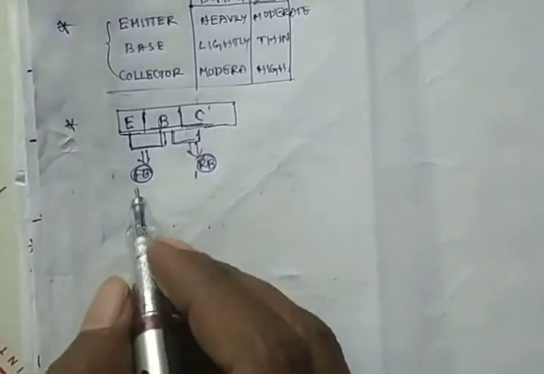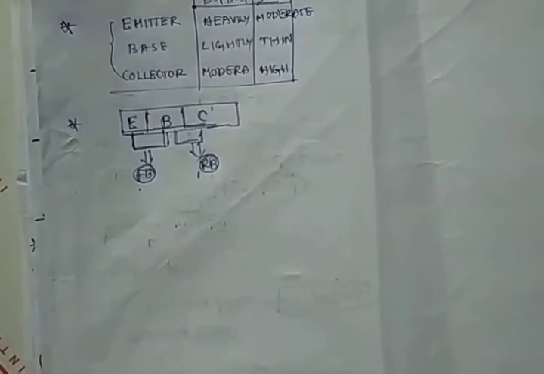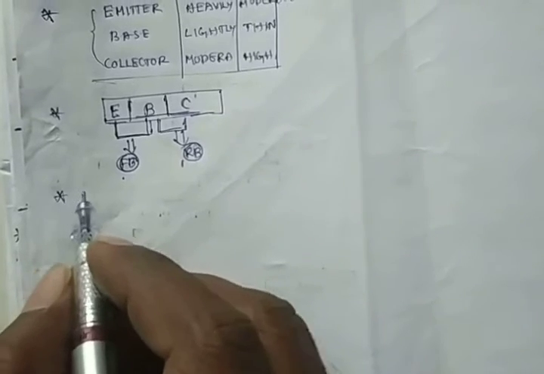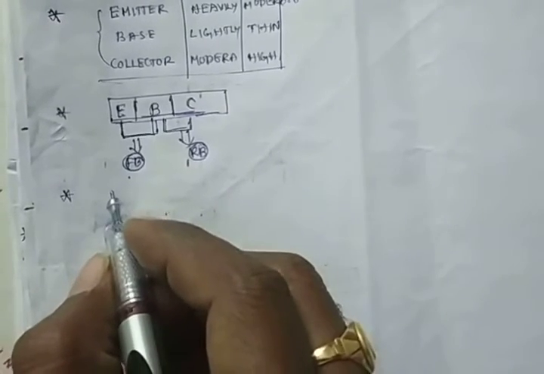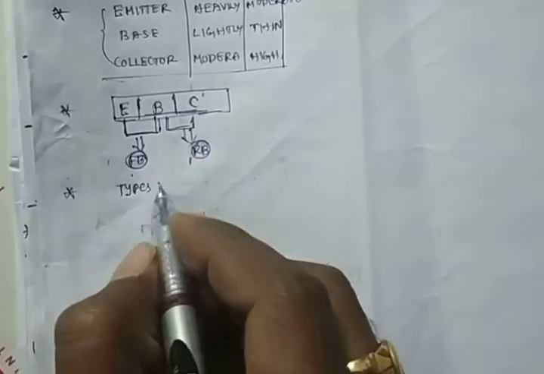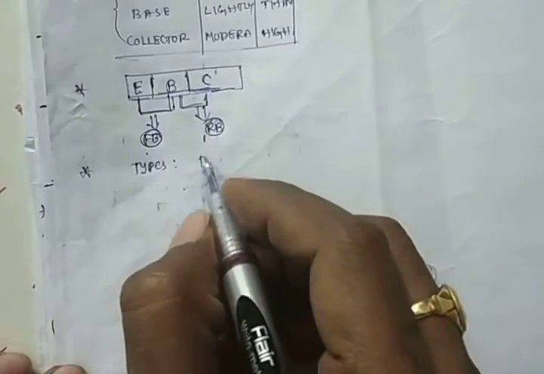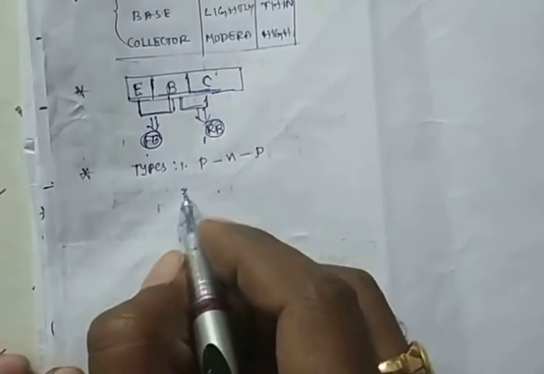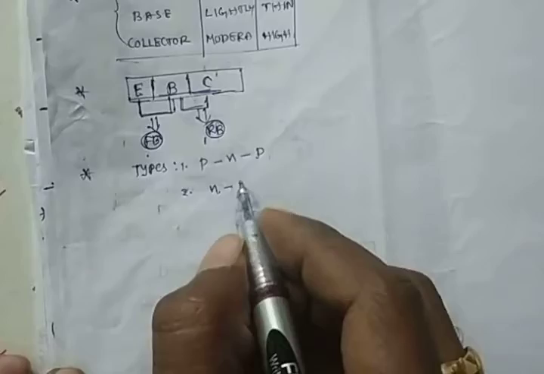This is in the forward bias and this is in the reverse bias. Okay. There are two types of transistors. The first one is PNP, second one is NPN.